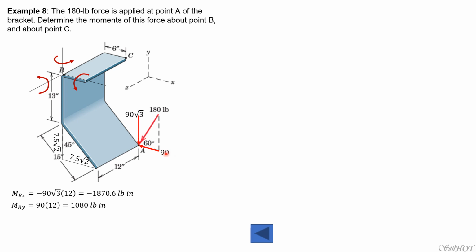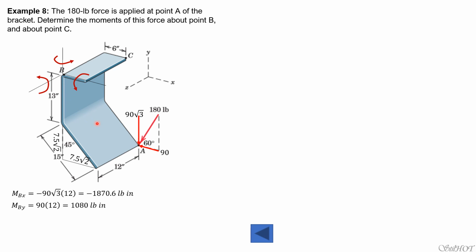The 90-pound force is opposing that positive direction of moment, so it is negative. And the 90 square root of 3-pound force is also rotating about the Bz axis in the opposite direction as this. So both are negative.